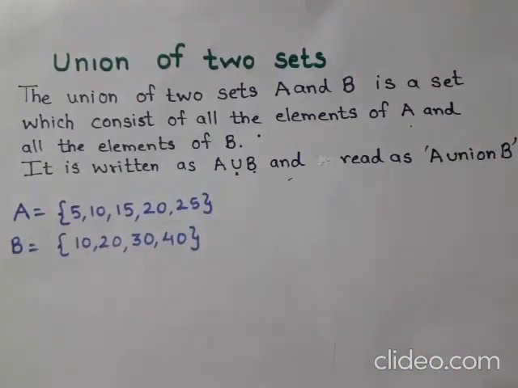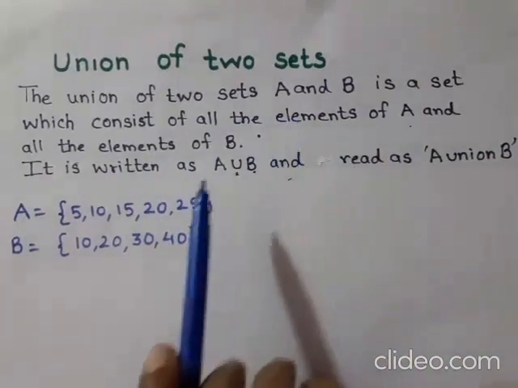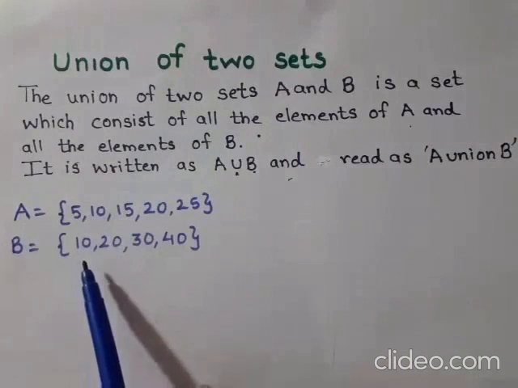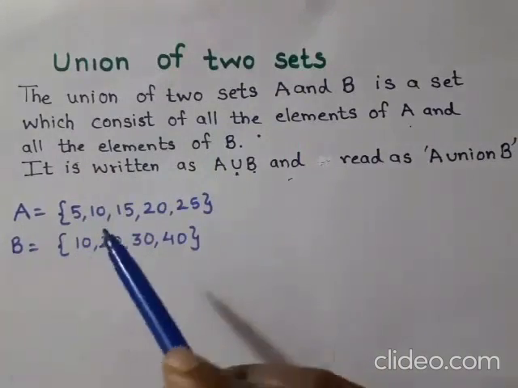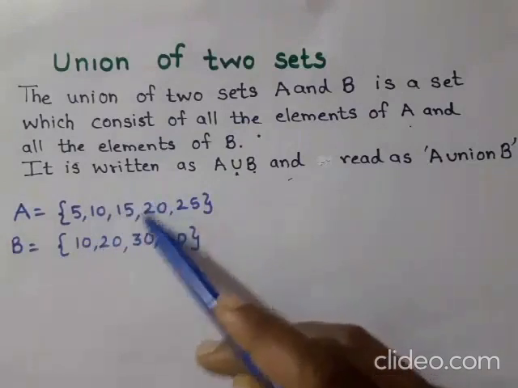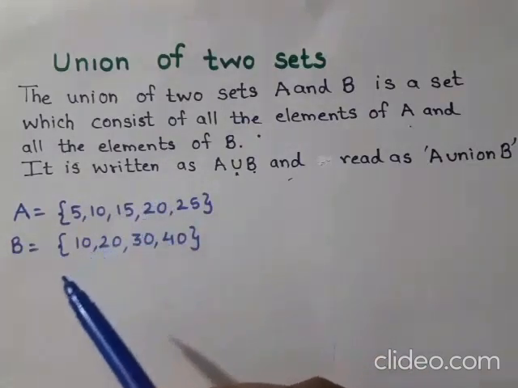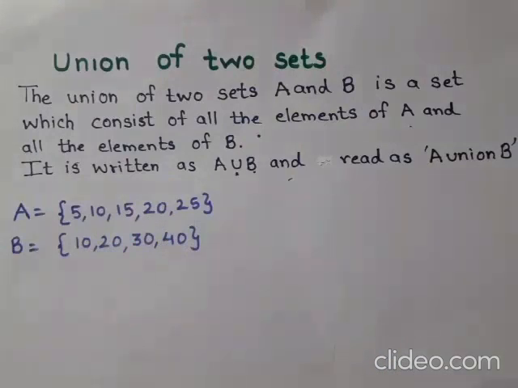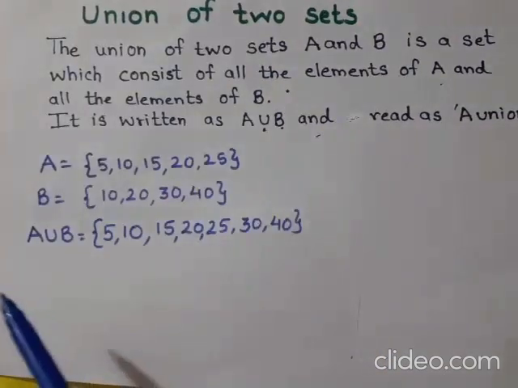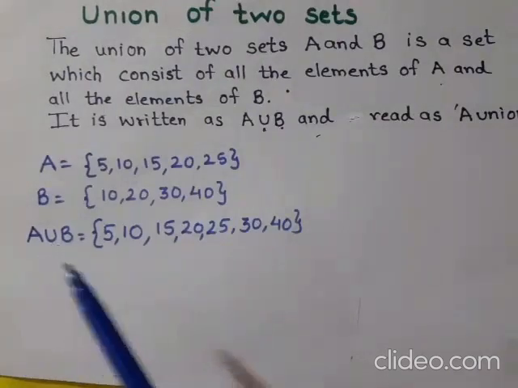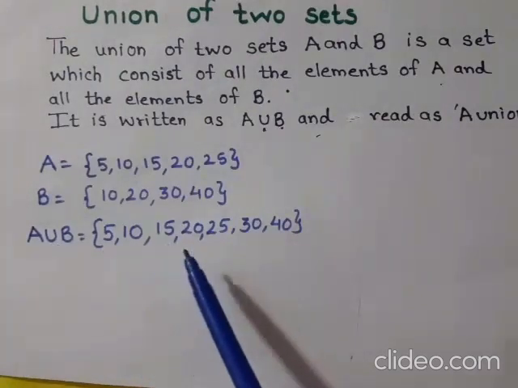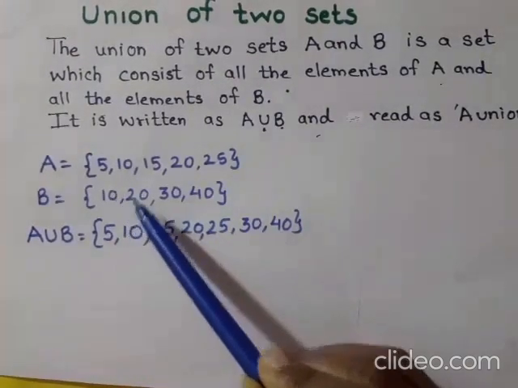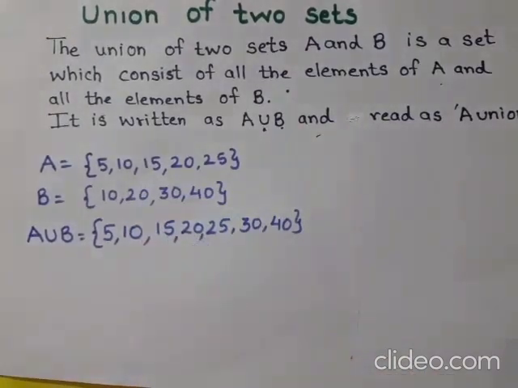So, as union of two sets is all the elements of set A and all the elements of set B, but as we have seen, the elements 10 and 20 are repeated, while writing the set of A union B, we will write them once only. So the elements of set A union B are 5, 10, 15, 20, 25, 30, 40. We have written 10 and 20 once only.